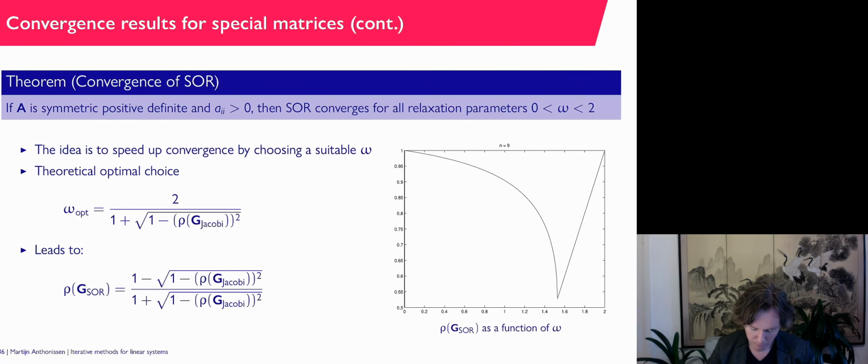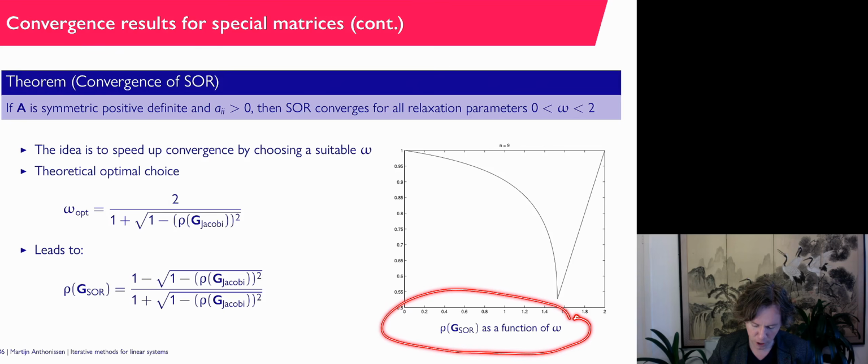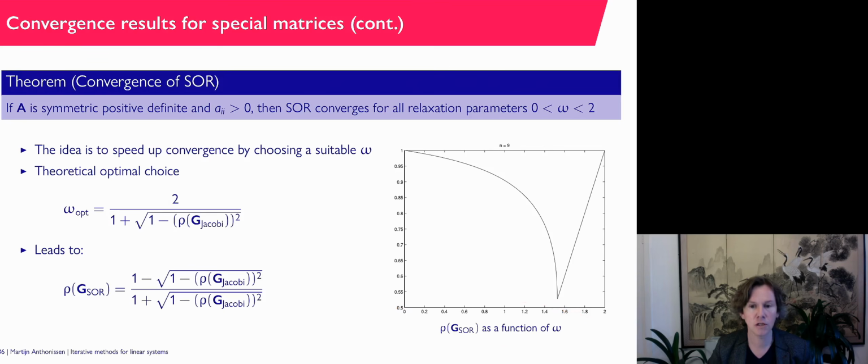Here we have the spectral radius of the SOR iteration matrix as a function of omega. And you see in this picture that there is a point where it is very small compared to the rest of the region. So let's look at how this works.